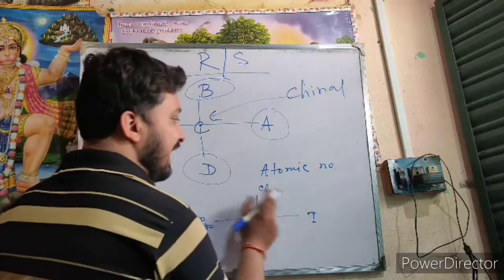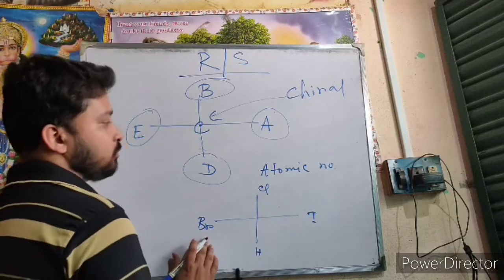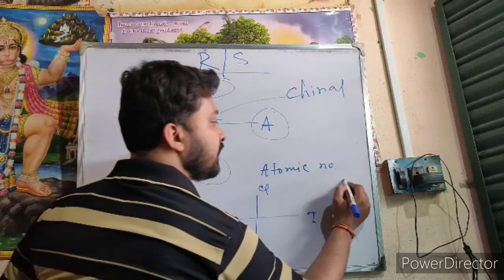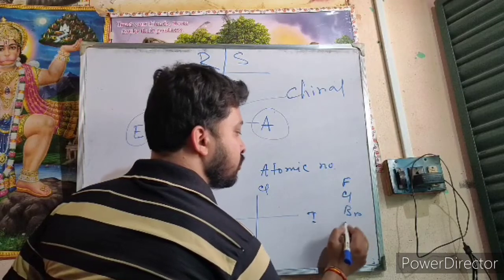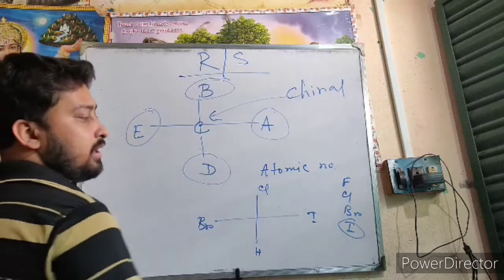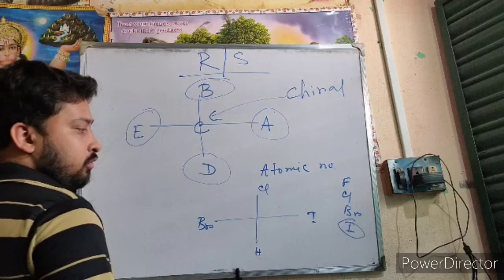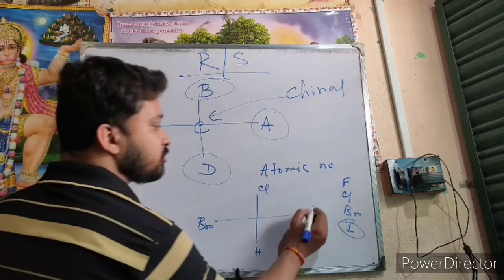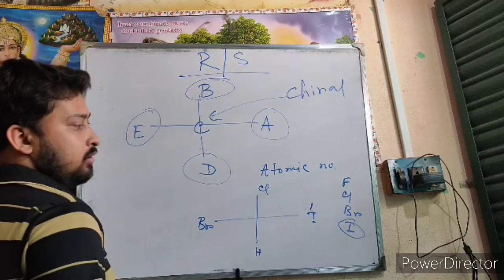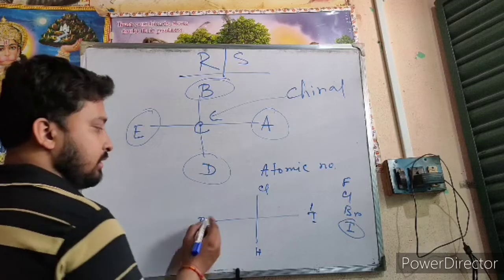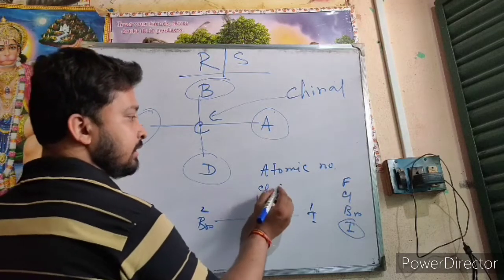Which atomic number is highest? We know fluorine, chlorine, bromine, and iodine, so the highest atomic number among the 4 groups is iodine. So you put the number 1, then this is 2, and then this is 3.